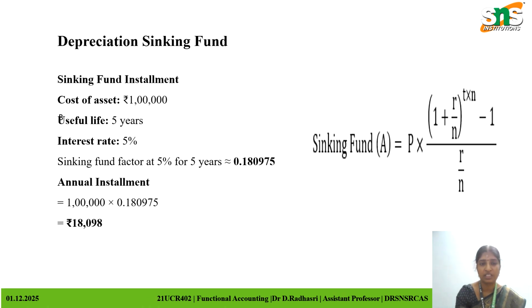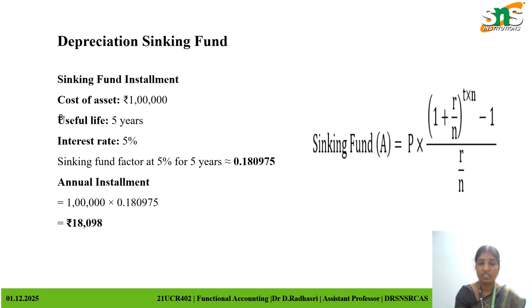Next is the depreciation of the sinking fund. How should depreciation be calculated in the sinking fund? For example, the cost of the asset is 1 lakh and the useful lifetime is 5 years. The total cost value of the machine is 1 lakh, and the machine can run for 5 years.